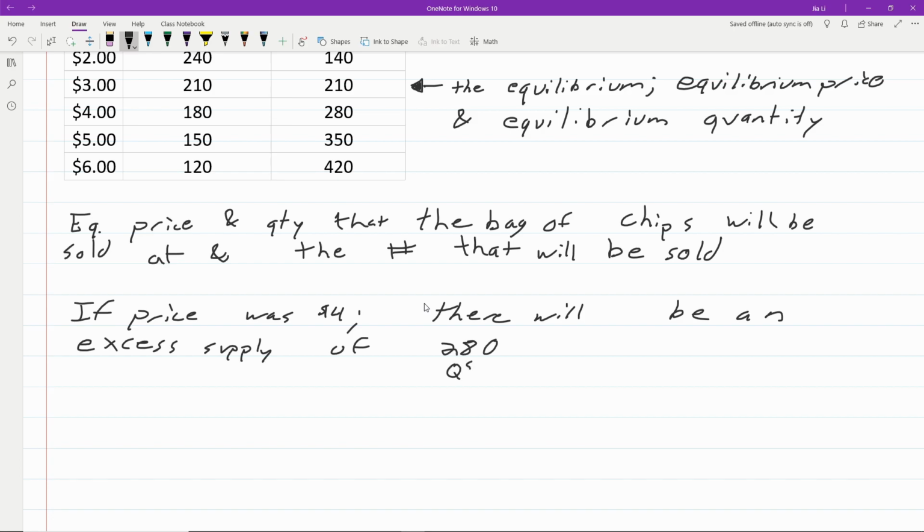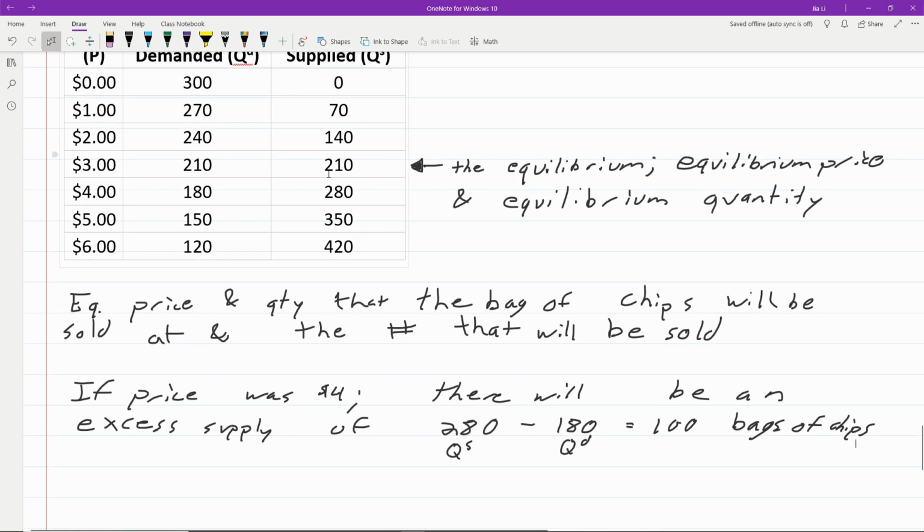This is the quantity supplied minus the 180 quantity demanded. So that ends up being 280 minus 180, 100 bags of chips of excess supply.